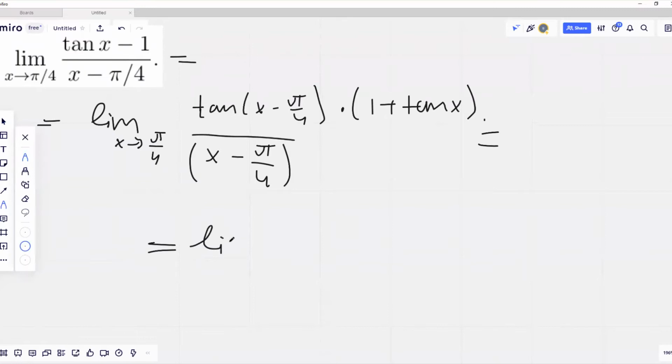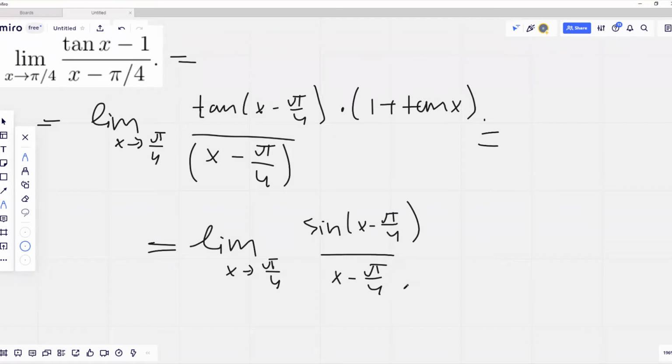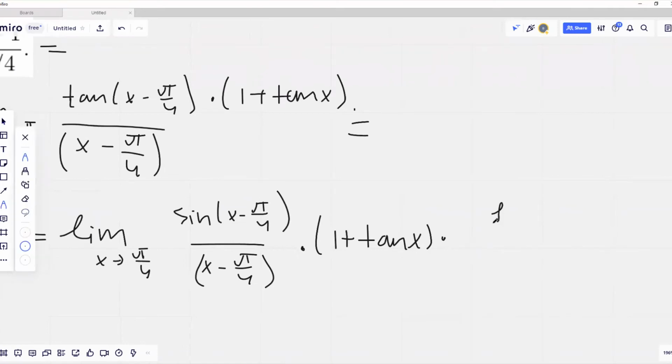So we'll end up with the following limit. Sine of x minus pi over 4 divided by x minus pi over 4, multiplied by 1 plus tangent of x, multiplied by 1 over cosine of x minus pi over 4.